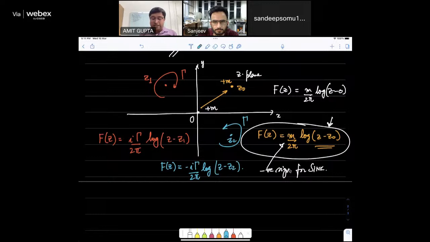So in both cases, the singularity has been shifted, and more importantly, unlike the case of source and sink, where an i is missing, there's an i which appears here, and it changes from plus i to minus i depending on which rotation you are considering.